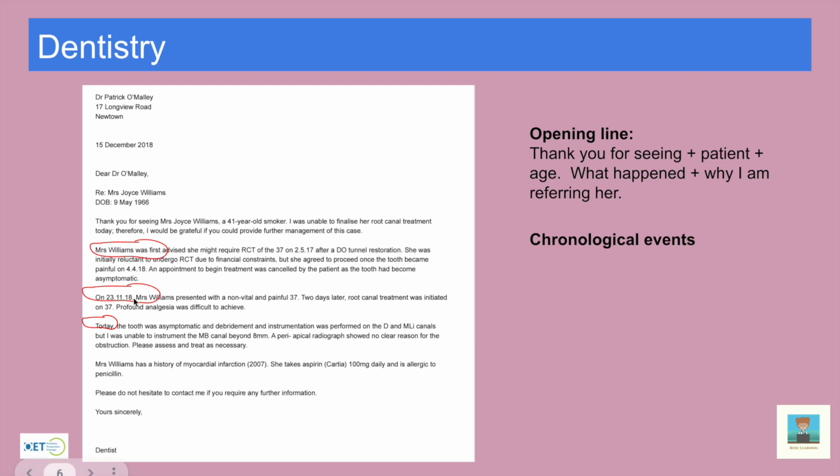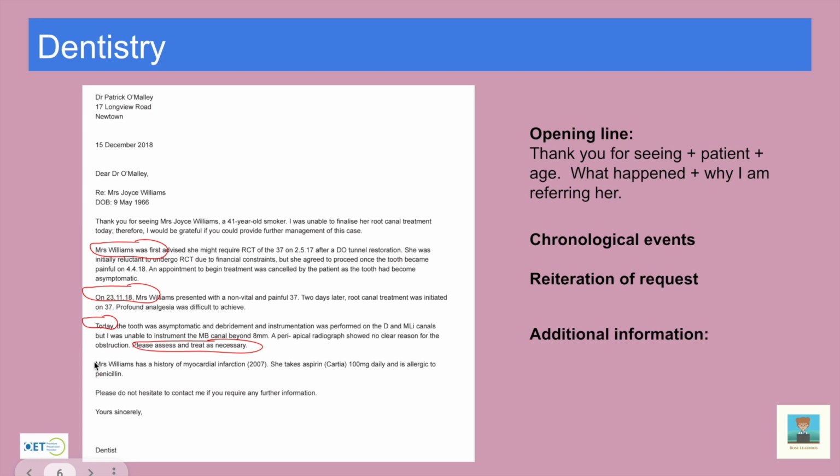What she was first advised, then this, and then here today. After we've got this summary, again, read it more carefully, but we're just trying to get a general outline here. We've got a reiteration of the request. Okay, please assess and treat as necessary. So remember, that's part of the OET criteria that you open and then you emphasize all the way through.